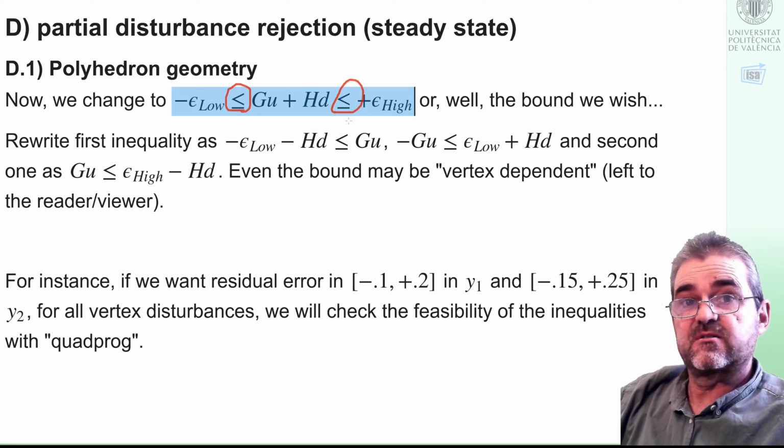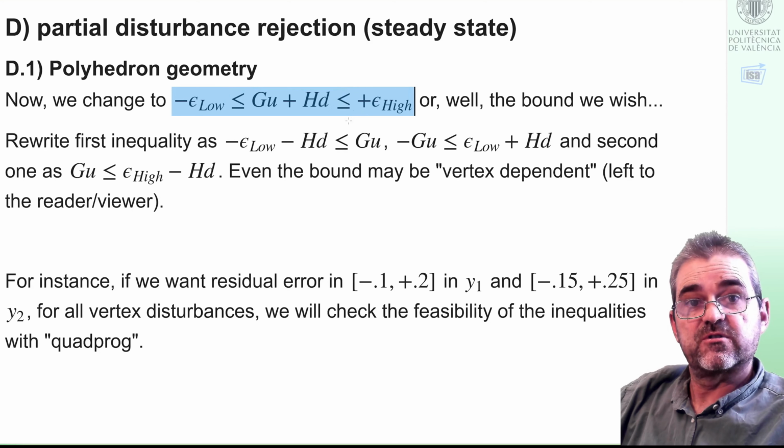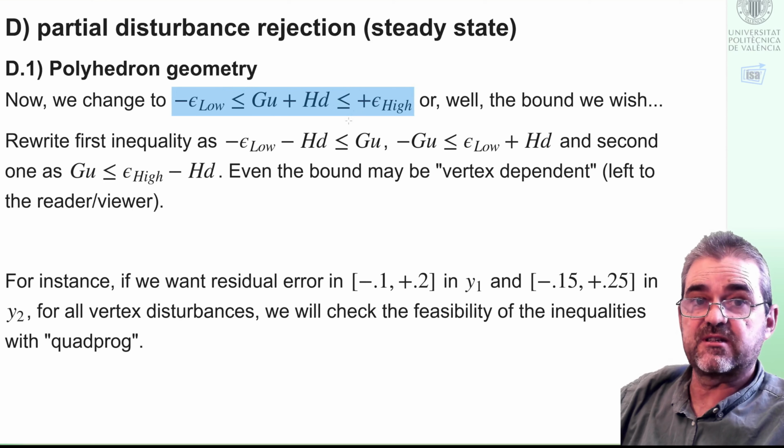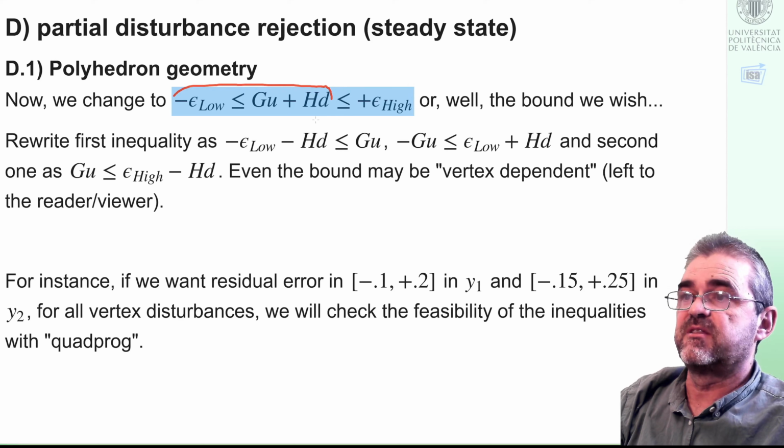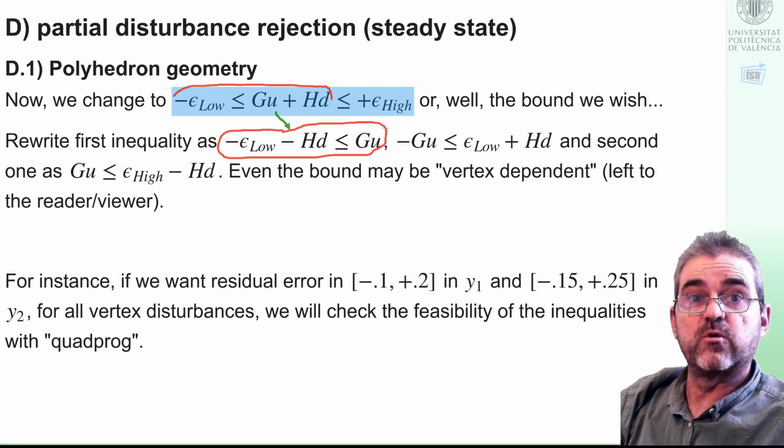And in MATLAB's quadratic programming code, we need to put all the inequalities together. So we'll first move my unknowns to the left side in each of the inequalities, and later on we will stack them as follows. This first inequality may be expressed like this, just to have my unknowns on the left hand side, because the decision variables will be the control actions.